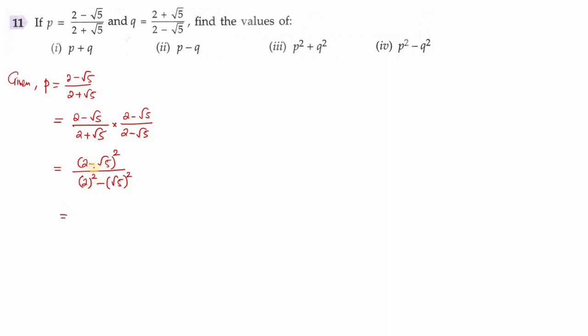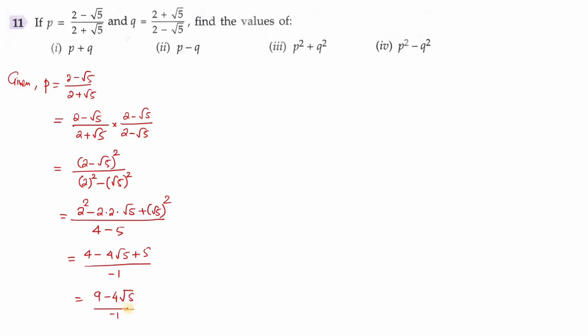So we have 2 minus root 5 whole square, which is a square minus 2 into a into b plus b square, divided by 2 square, which is 4, minus root 5 square, which is 5. So this is 4 minus 4 root 5 plus 5, whole divided by minus 1. 4 plus 5 is 9, so 9 minus 4 root 5 by minus 1.